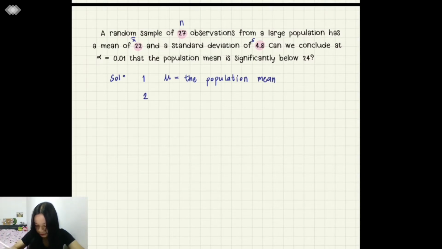Step 2. The alternative hypothesis: the population mean is less than 24.